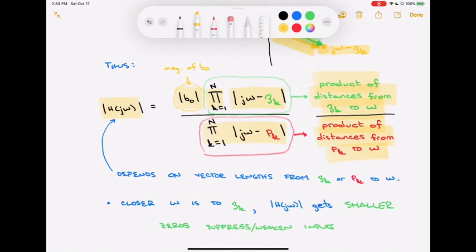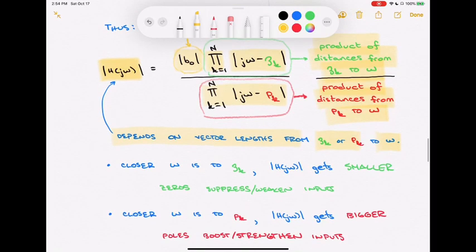The magnitude response depends on the lengths of vectors going from either poles or zeros to a frequency of interest. And you repeat that for all the frequencies that you would like to make your plot for. A couple of things to note or consider on this. If the frequency of interest is close to zk, what does that mean? That means that this distance in the numerator is small, right?